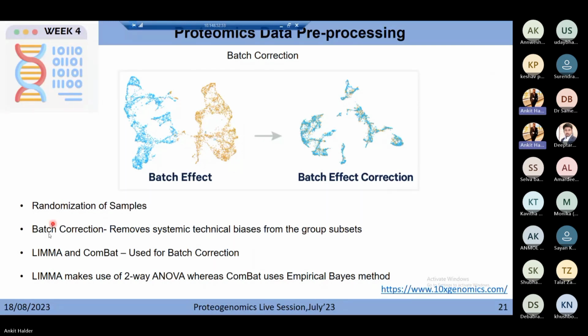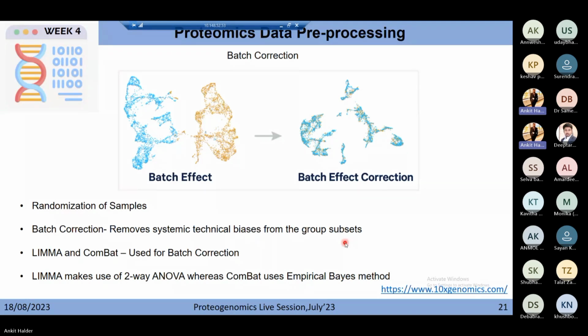So what is the difference between normalization and batch correction? I think this question should be raised in your mind. Both correct systemic technical biases, but normalization is done within the samples, between the samples, whereas batch correction is done between the group subsets.